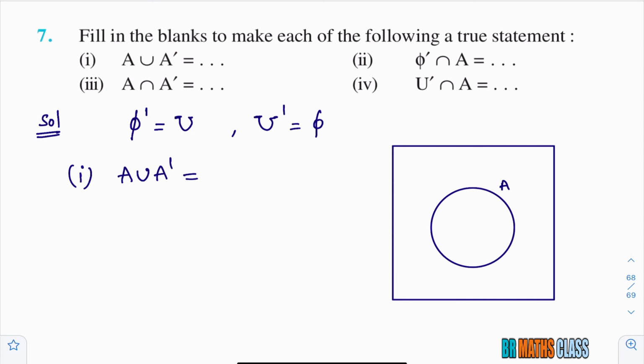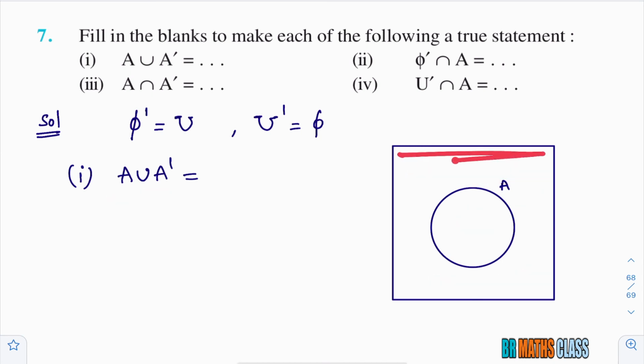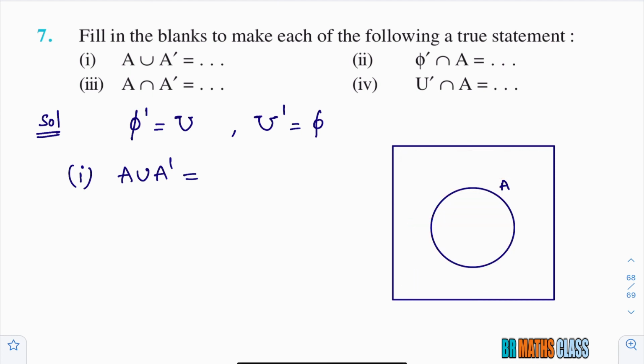A means this first part, A dash means this second part. When we do A union A dash, you will get 1 plus 2, which means this full part. This is A union A dash. A union A dash is the universal set. I hope you got the point.